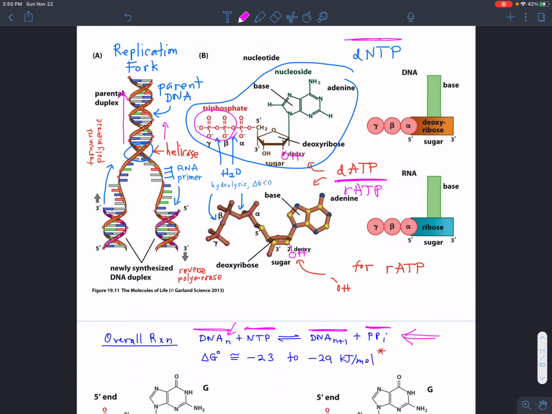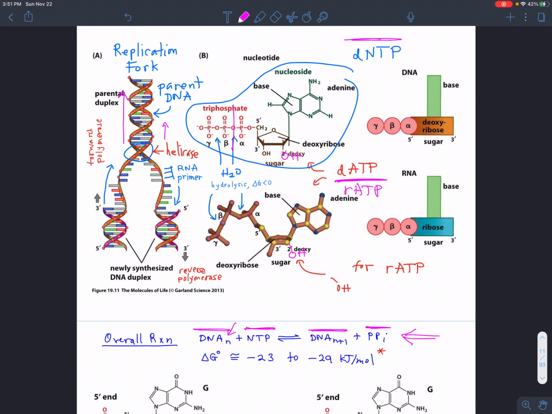And it gets cut here. Only the last phosphate gets cut off, and then you get ADP, adenosine diphosphate. In this case, we're going to create an AMP, an adenosine monophosphate, but that's actually really not right, because this adenosine monophosphate is actually what gets attached or bonded to the growing DNA, so it never is free.